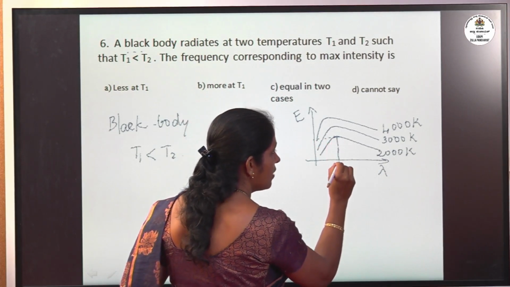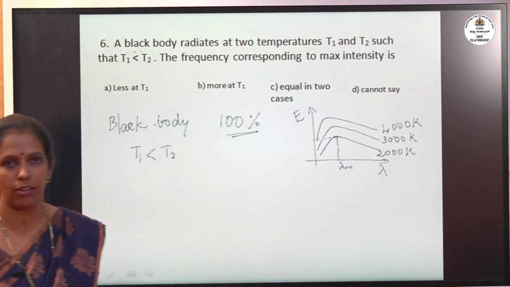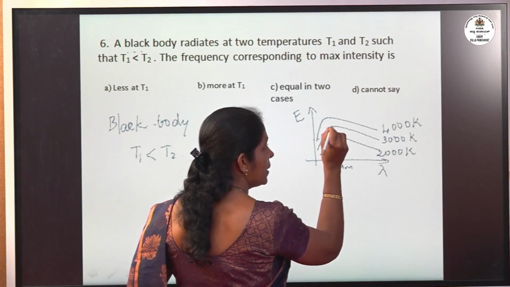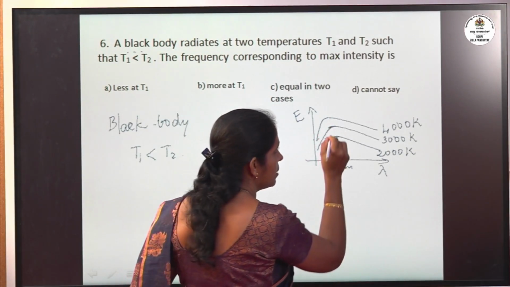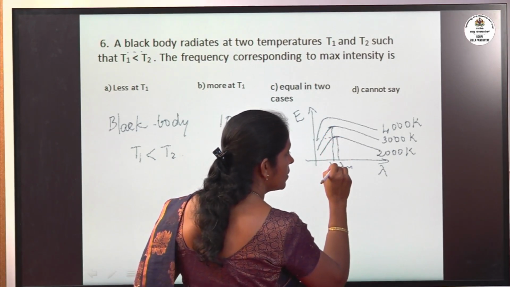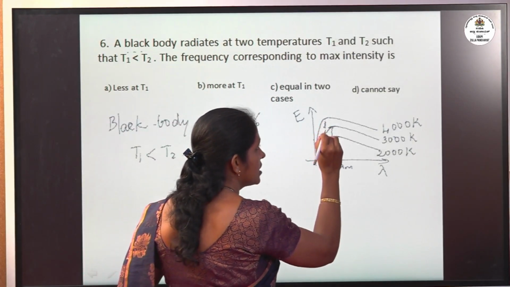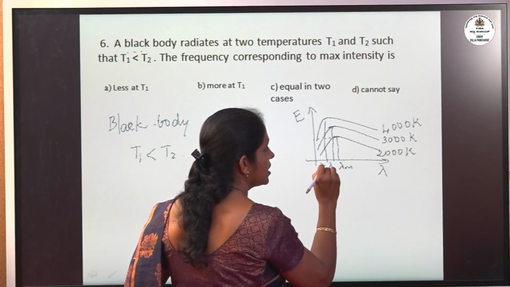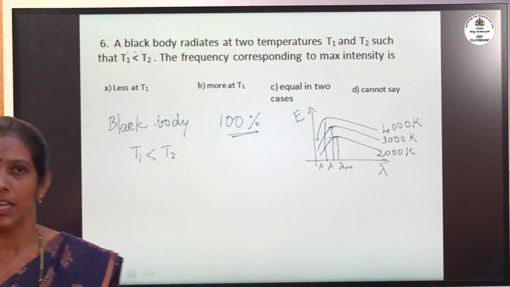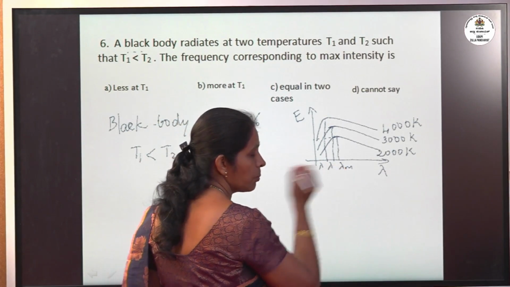This particular wavelength is called lambda m for the first graph, which is at temperature 2000 Kelvin. For the second graph, there is again a peak point where energy emitted is maximum, at another lambda m. For the third graph also, as temperature increases, the wavelength corresponding to maximum energy is not at the same point.